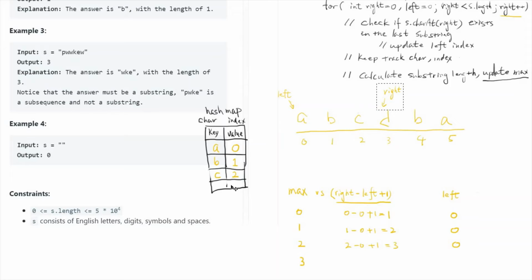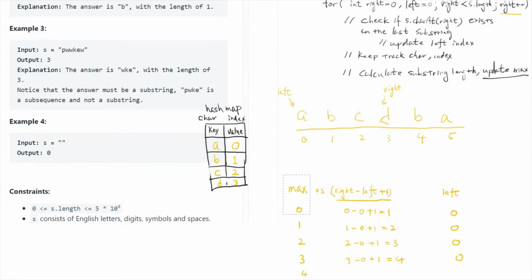D is not in the Hashmap. Then we add D in the Hashmap. And the length of the substring is 3 minus 0 plus 1, equal to 4. The left is 0. And 4 is greater than the max, and we update the max with 4.